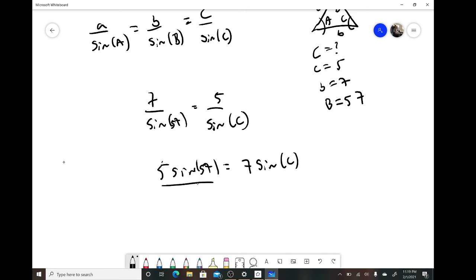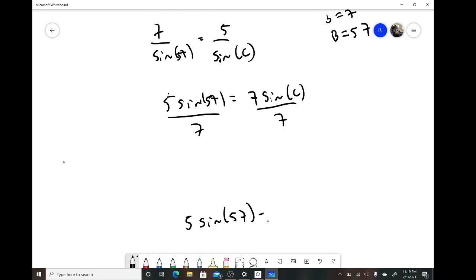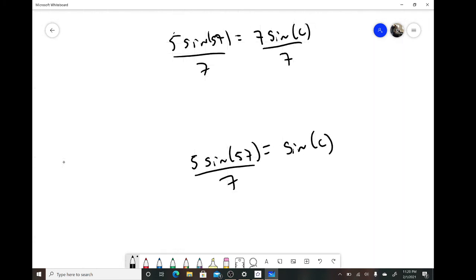then divide both sides by 7. Now you have 5 sine of 57 over 7 equals sine of C. Now all you have to do is find the arc sine, meaning the opposite operation of sine.